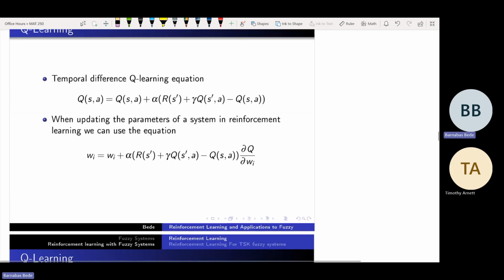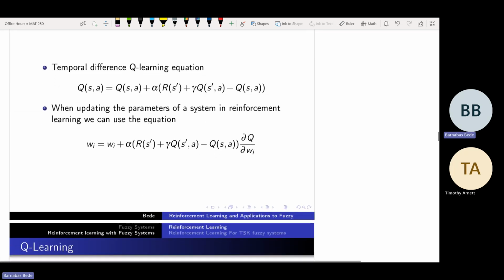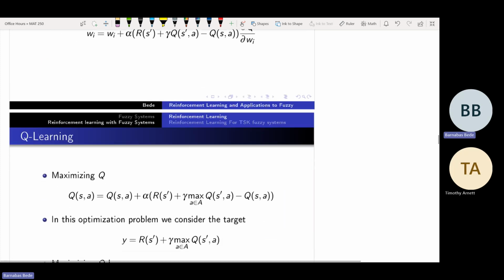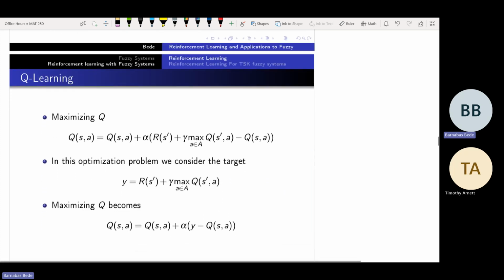Okay, but now we said that we will take the optimal action. So when maximizing Q, I can add a little trick to my system. I already take the best action so that I get the most reward possible, not the best Q value possible. You get the current reward no matter what, but I get the most possible future reward by taking the best action from S prime.